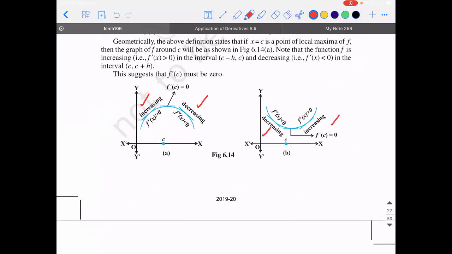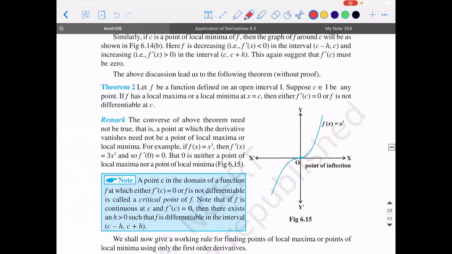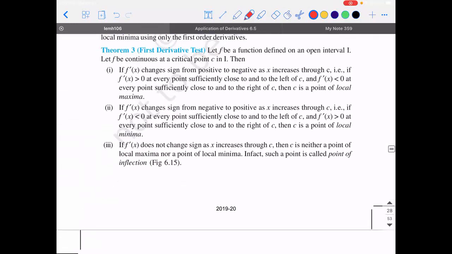See, actually, there is nothing but whatever we have learned in Rolle's theorem. f dash of x changes sign from positive to negative as x increases through C. Then f dash of x is greater than 0 at every point sufficiently close to and on the left of C. f dash of x is less than 0 at every point sufficiently close to and on the right of C. And the point is called the local maxima. So this is the first derivative test which I told you.